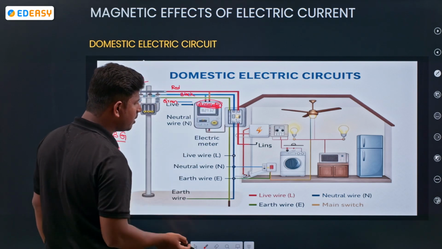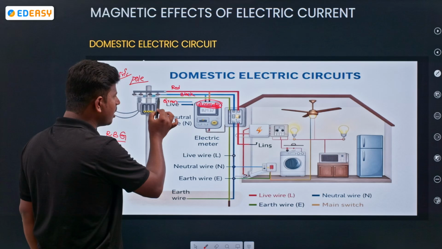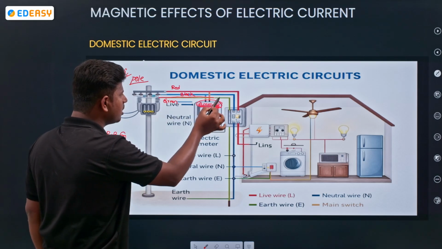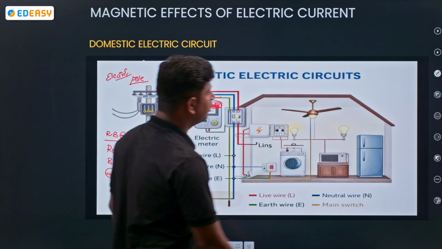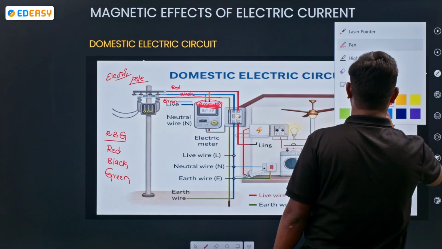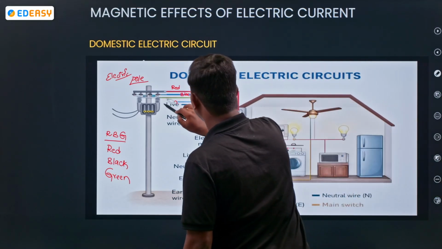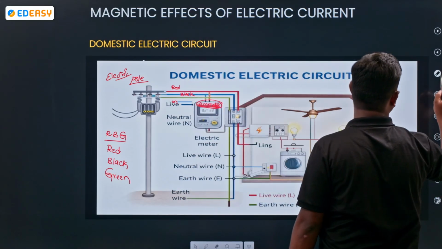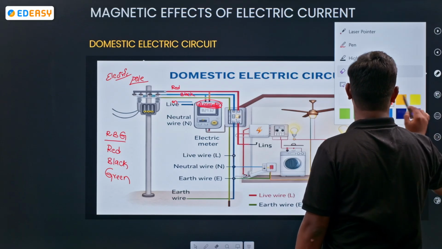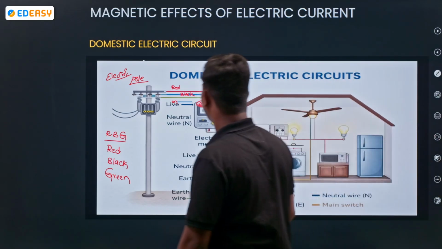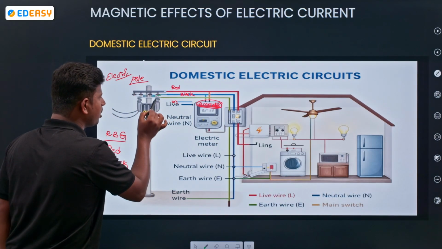Okay, see, from the ammeter, where do we take it from? See, one green wire. If you observe the green wire, what are you observing in the green wire? Look at it once. From the pole I am getting the green wire.